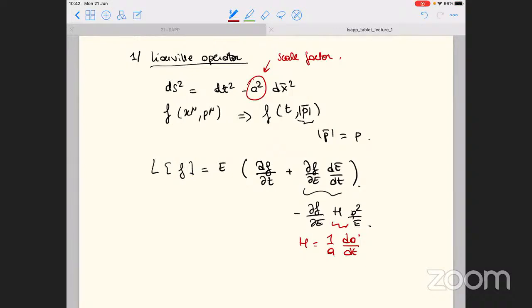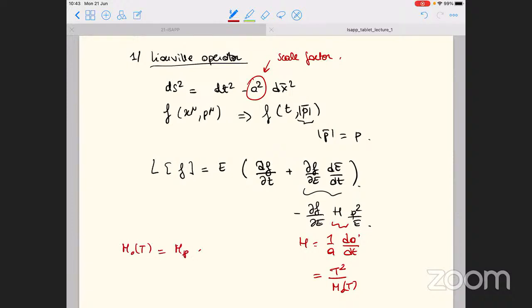And as I said before, in most of the lectures I'm going to consider that the expansion rate of the universe at the time of dark matter production is driven by a radiation-dominated universe. So within this setup, I can write my Hubble rate as the temperature of the bath divided by a mass scale, which I will write M0, and this mass scale is directly related to the Planck scale.